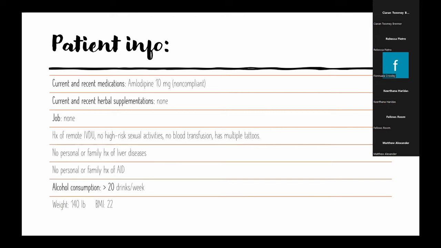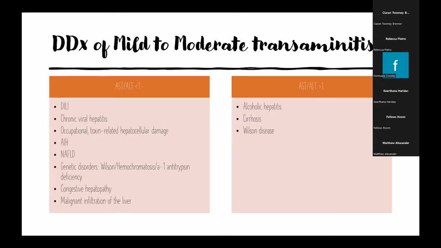His BMI is 22. So before doing further workup, this patient's AST to ALT ratio is more than 1. So the differential diagnoses include alcoholic hepatitis, cirrhosis, and Wilson disease.